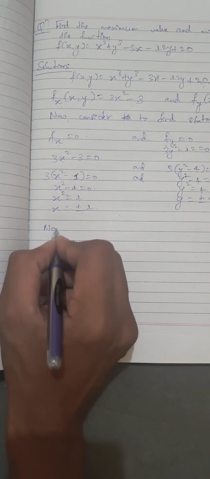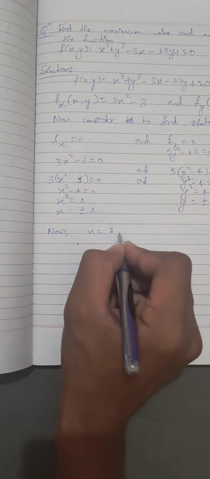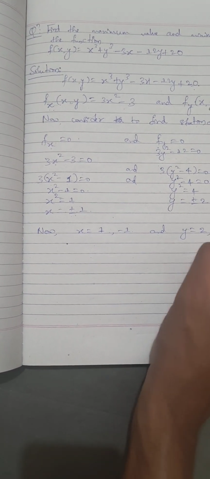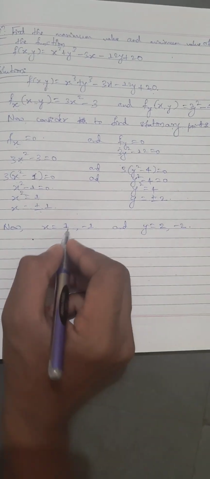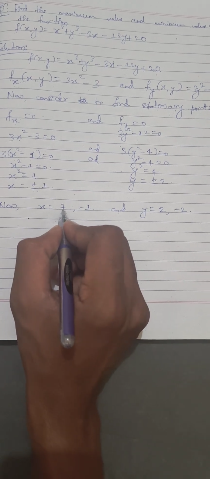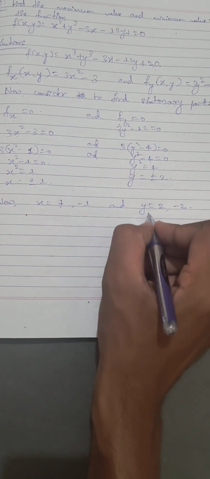So now x equals 1, minus 1 and y equals 2, minus 2 we have. The stationary points are given by combining the values of x with the values of y.